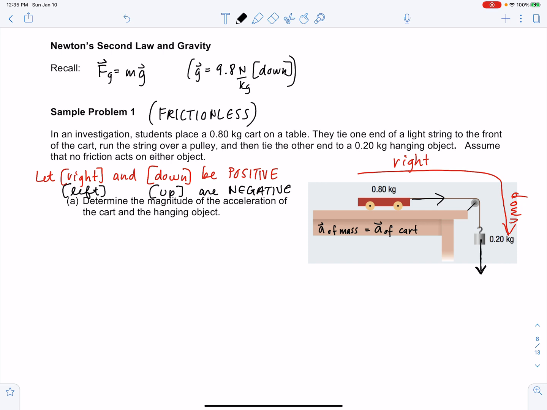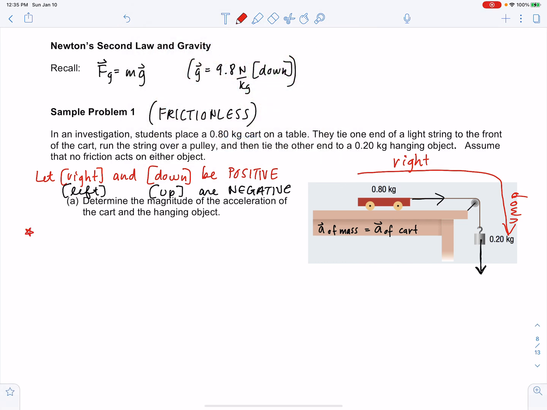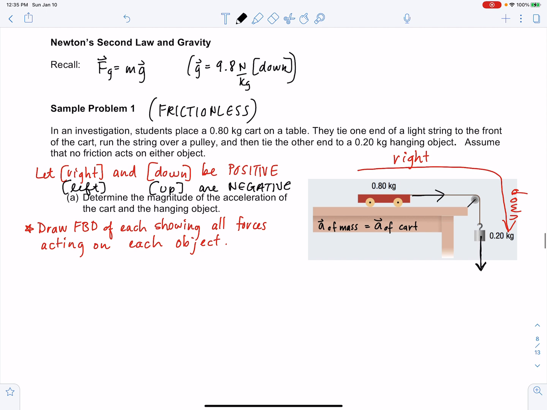So, our first step in answering this question is to draw a free body diagram of each of the objects. And we're going to show all the forces acting on each object. So we'll start by drawing a free body diagram of mass number 1.